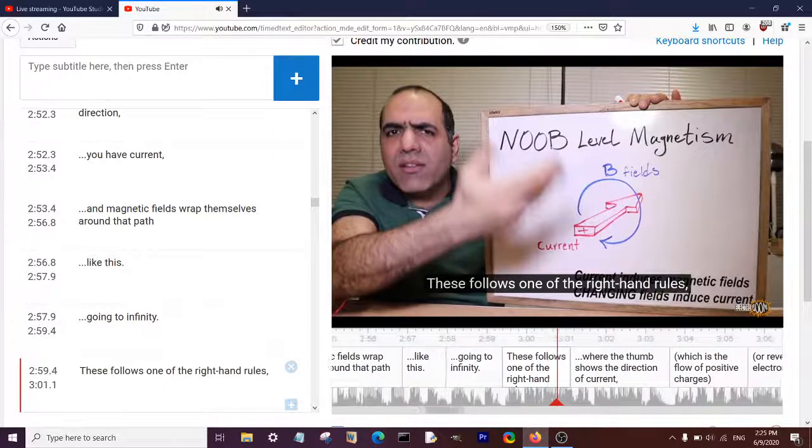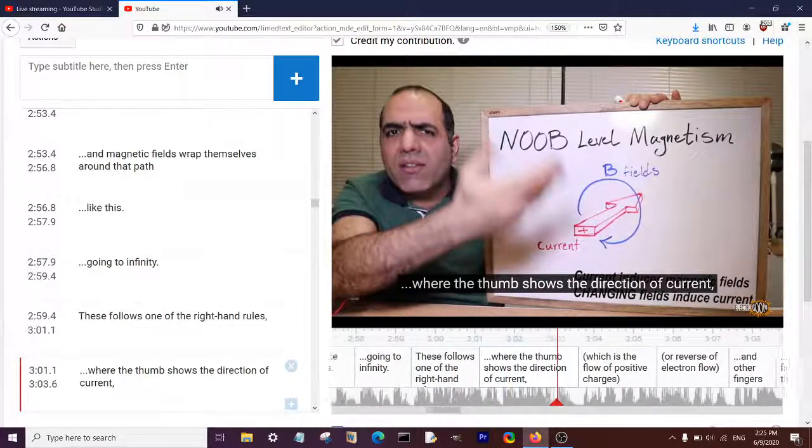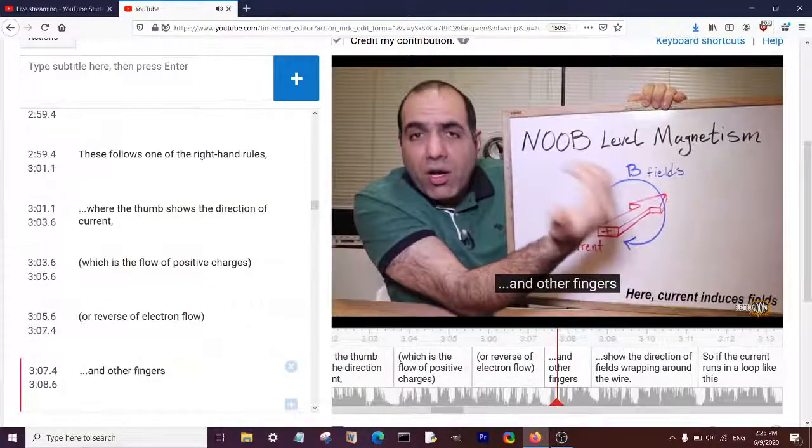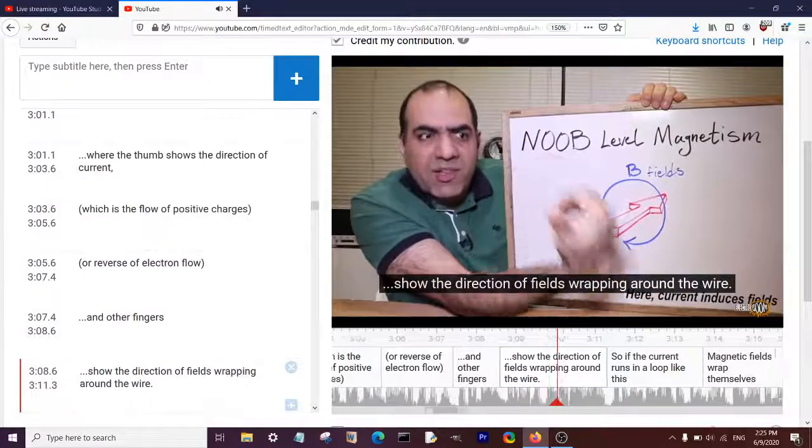This follows one of the right-hand rules, where the thumb shows the direction of current, which is the flow of positive charges or reverse of electron flow, and other fingers show the direction of fields wrapping around the wire.